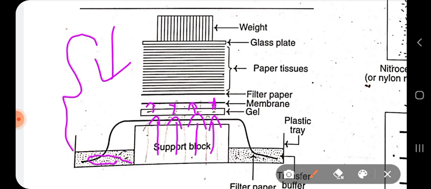This process is called blotting, and it takes several hours to complete. Nowadays, to rapidly speed up the process, we use an electric current source, but it is bad because it may give you erroneous results.